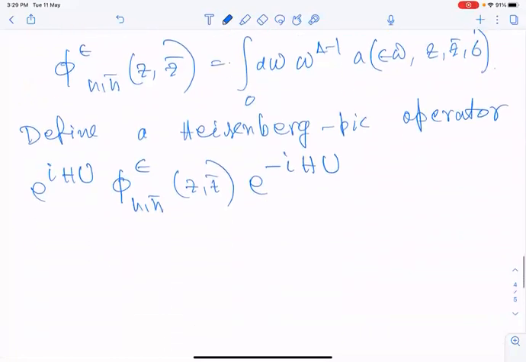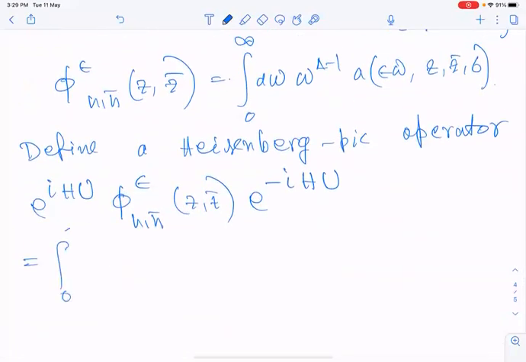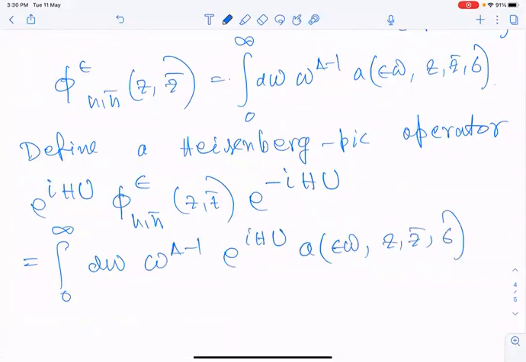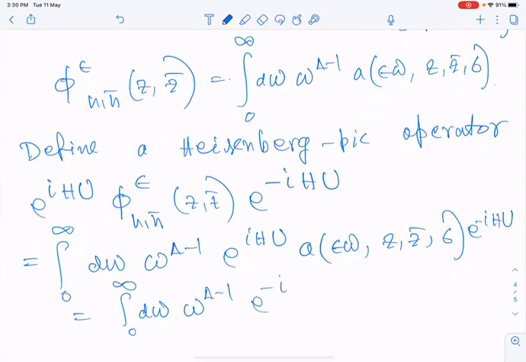You can apply this to this, so this becomes exponential minus i epsilon P0 times U, A of epsilon omega ZZ bar, sigma.